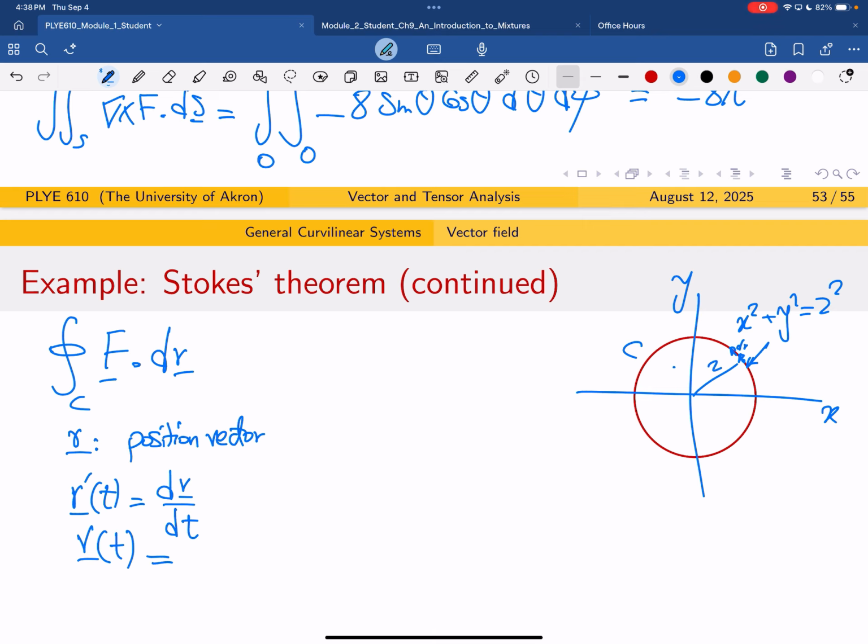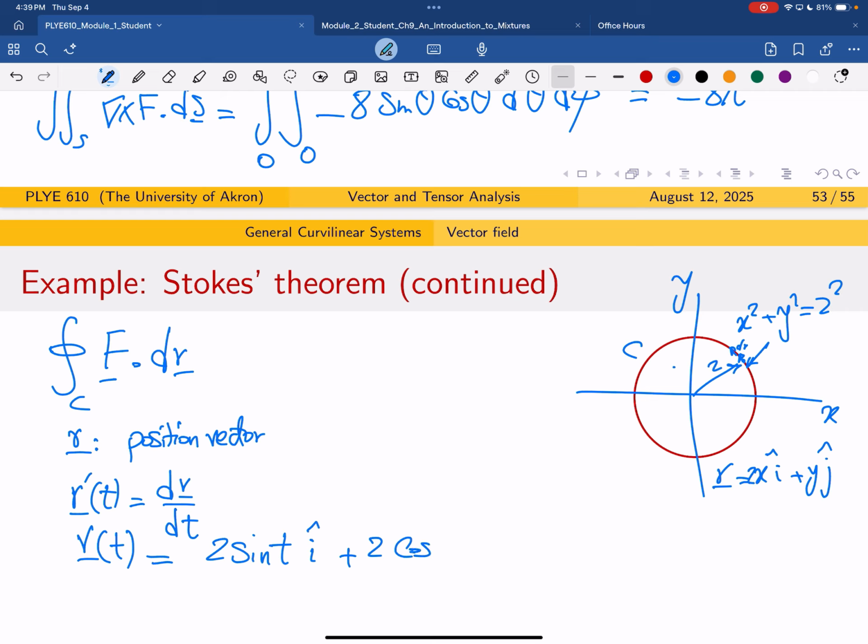So if I introduce a variable t over there, currently if we write it as a vector, r is what? x i plus y j, right? That is r. x squared plus y squared, and you have the radius of 2. So instead of doing this, what I'm going to suggest is 2 sine t i plus 2 cosine t j.